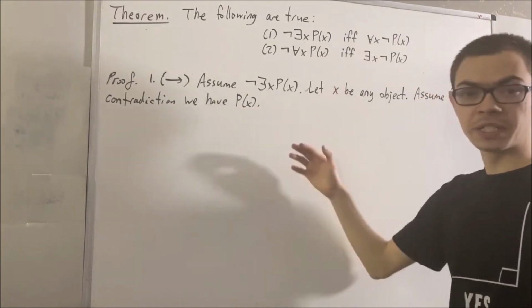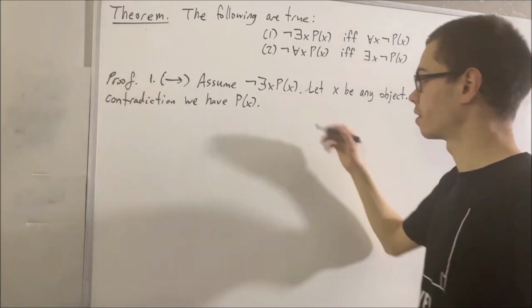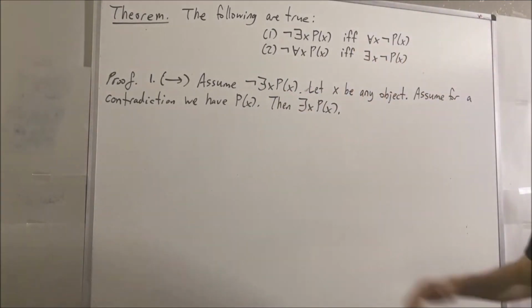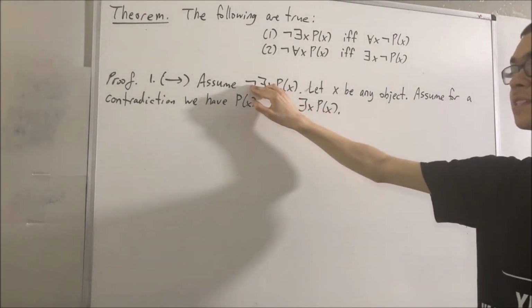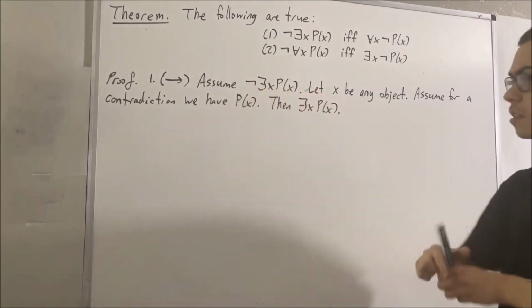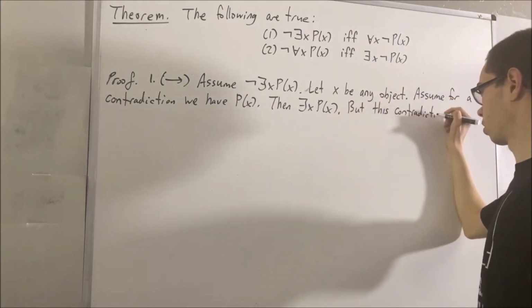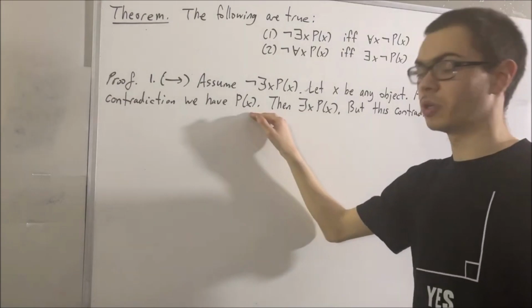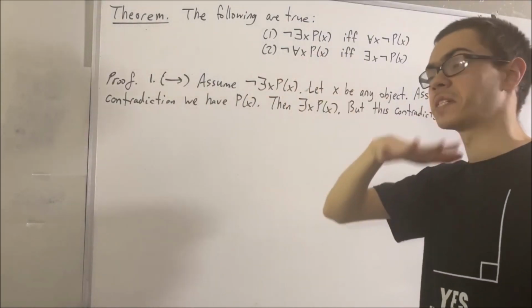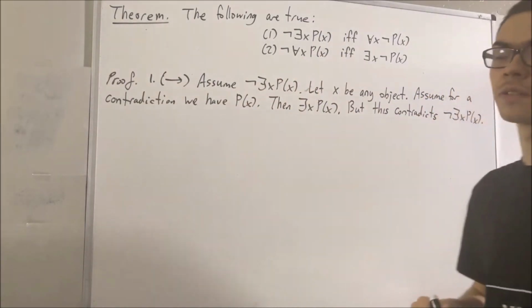So there exists an x such that p of x. But wait a minute, this contradicts that we are working under the condition that there does not exist an x such that p of x. So our assumption that p of x is true led us to a contradiction. So we must instead have not p of x.